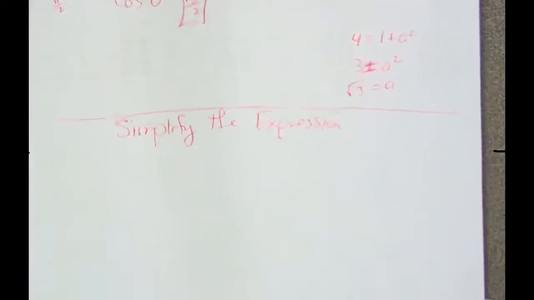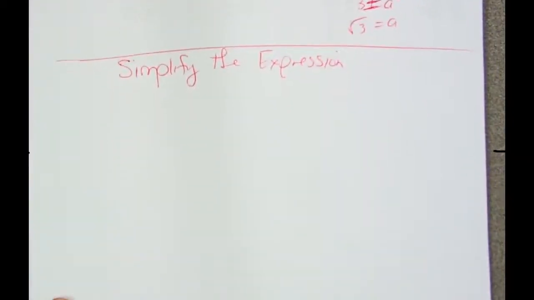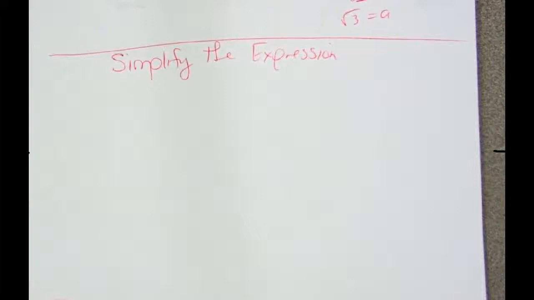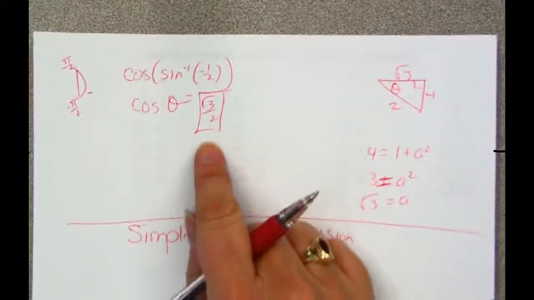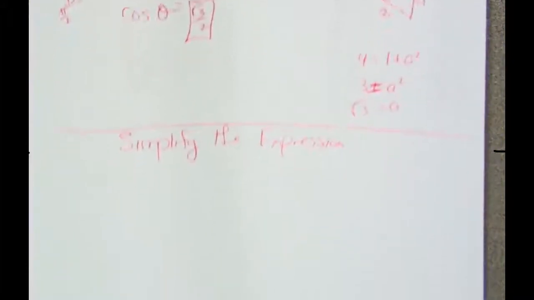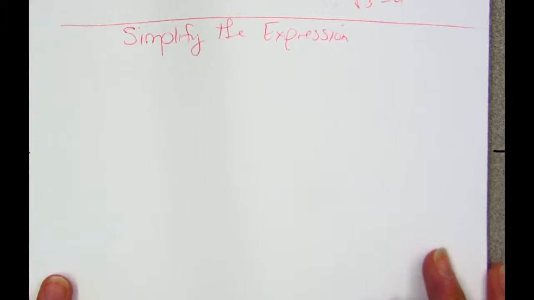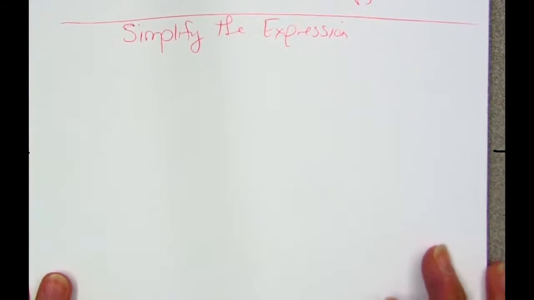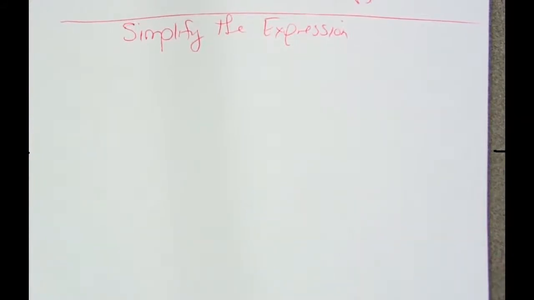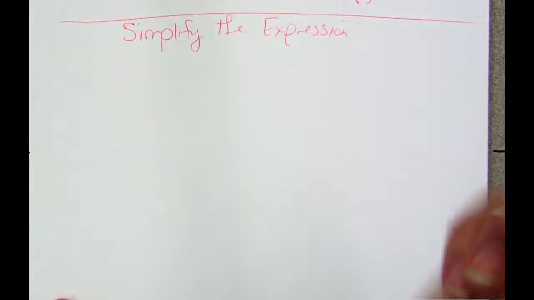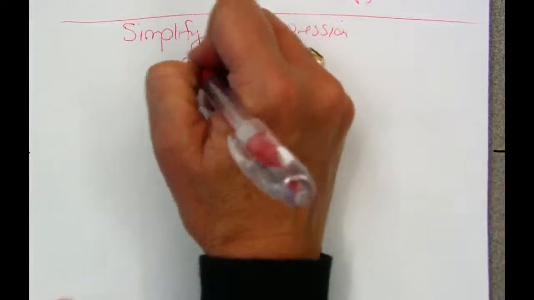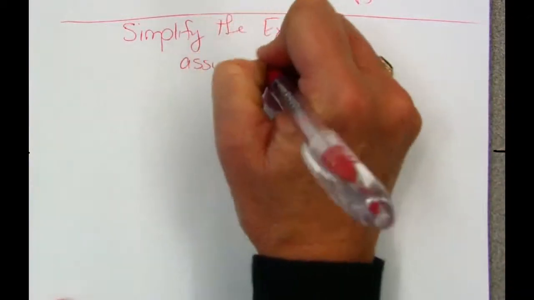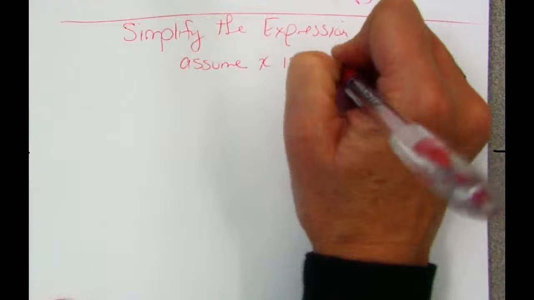Because it's got variables, the best I can say is to simplify the expression. I can't solve it now. Before, we were actually getting a numeric answer. Now, because there are going to be variables, the best I can tell you is to simplify the expression. First thing I'm going to tell you is to assume x is positive.